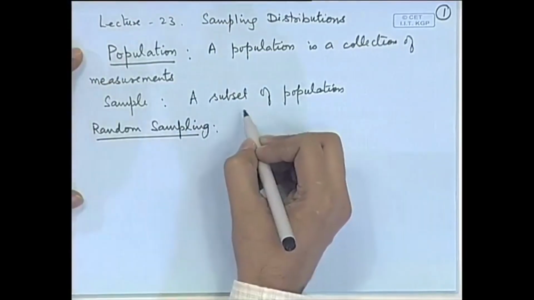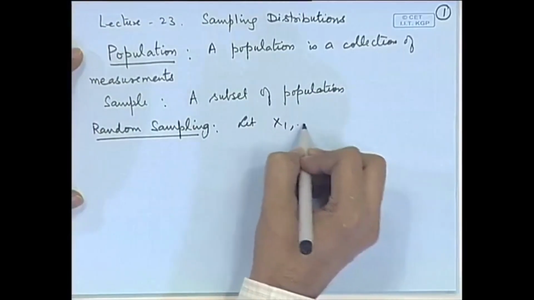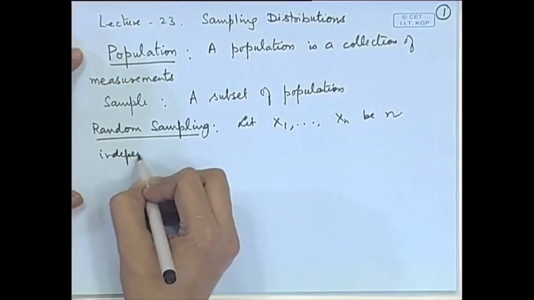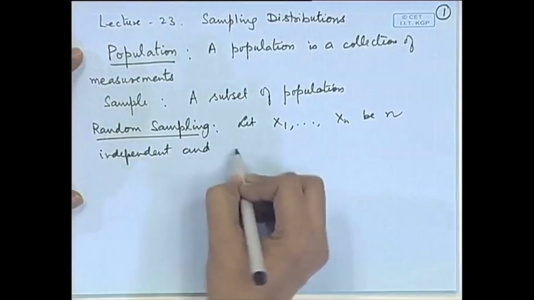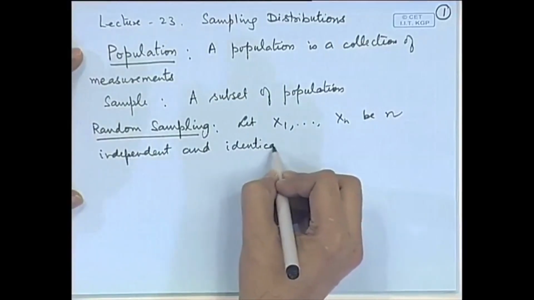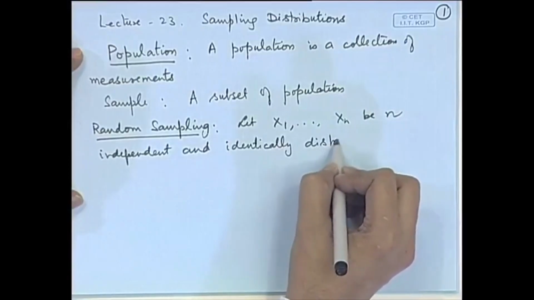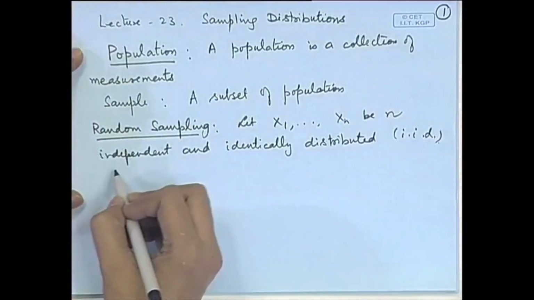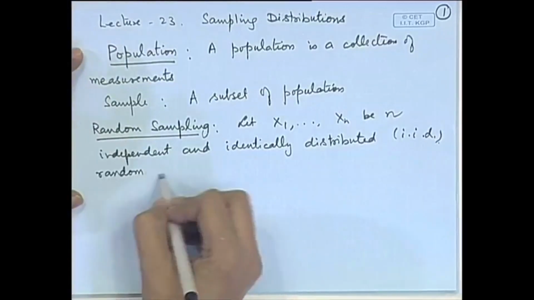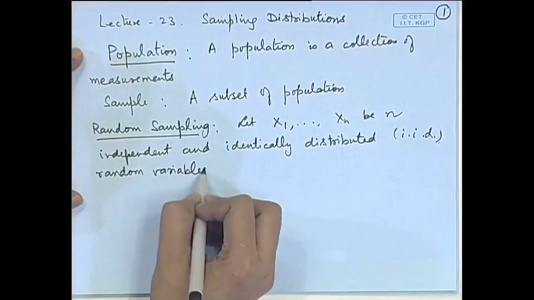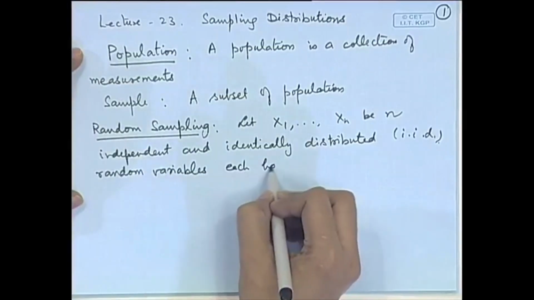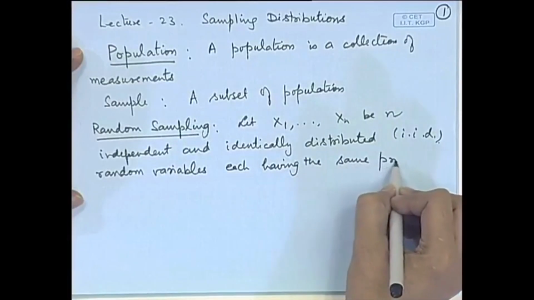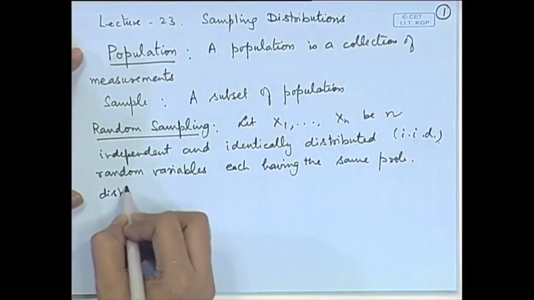Let X1, X2, ..., Xn be n independent and identically distributed, that is IID, random variables, each having the same probability distribution f(x).